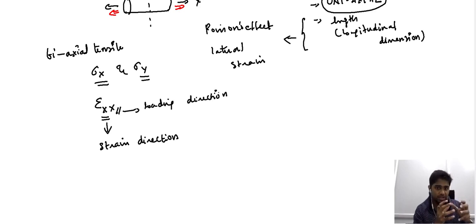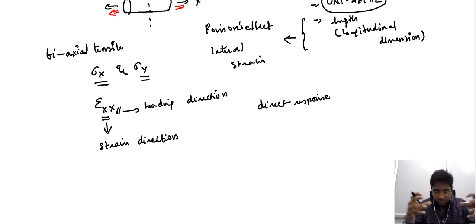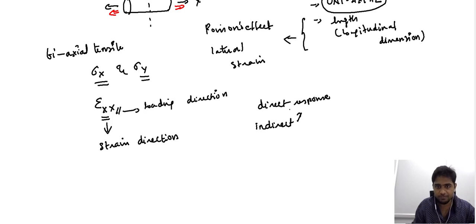When the strain and the loading direction are the same, then what we observe is a direct response. When the loading and the strain directions are the same, so that is when the response that you observe is along the loading direction, then what we have is a direct response. When the subscripts are not the same, when they are dissimilar, what we observe is an indirect response.